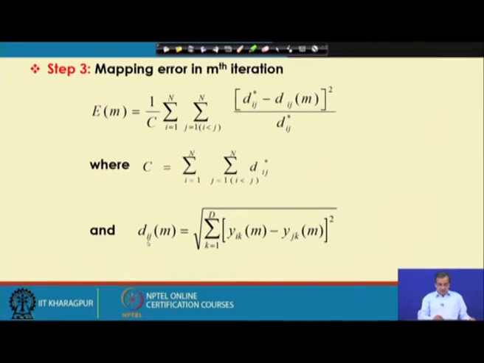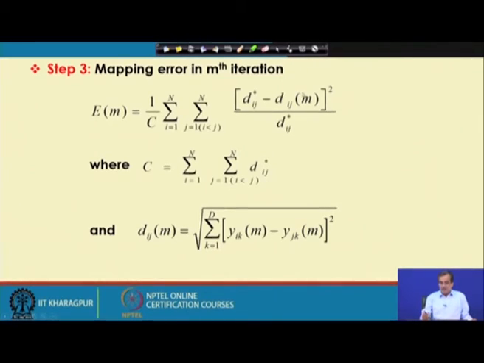And here this d_ij^m is nothing but the Euclidean distance between the two data points i and j corresponding to mth iteration in lower dimension, and that is nothing but square root of summation k equals to 1 to d, (y_ik^m minus y_jk^m) square.